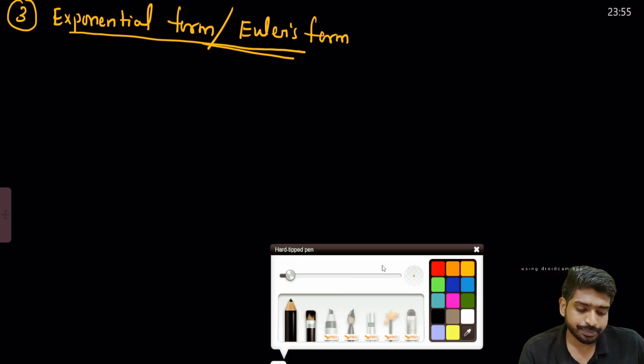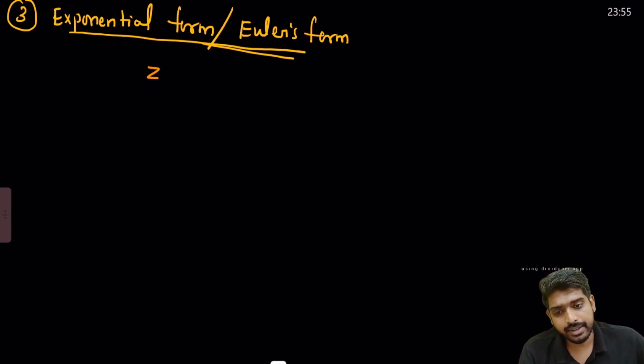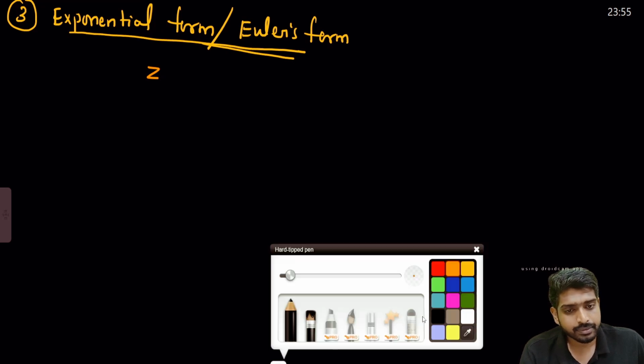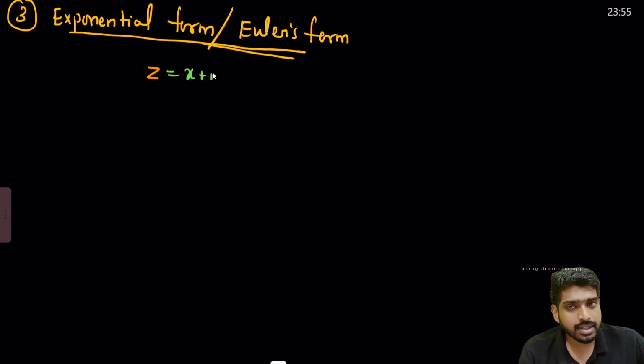Now next, first we have seen z can be represented as x plus iota y in Cartesian form. Got it?